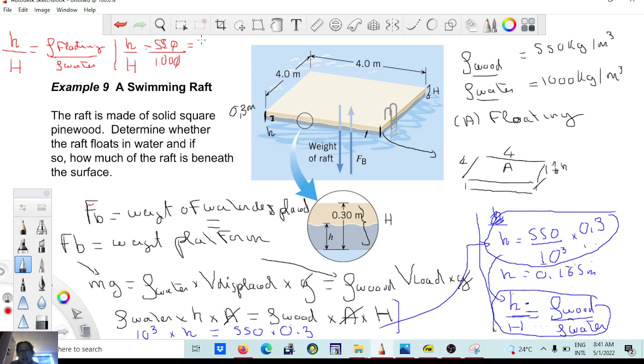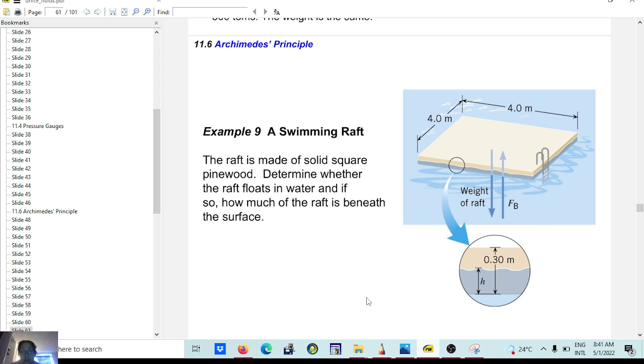So you get 0.55, so that part here is going to be 55%. 55%, so it's almost half. That way you can do all kinds of computation. For example, let's apply the equation that we just found.